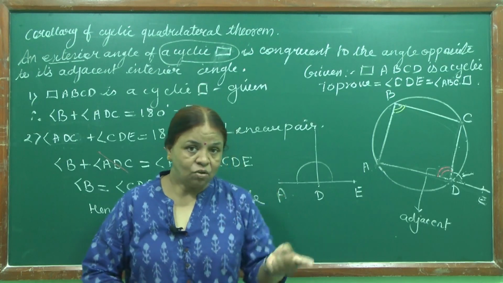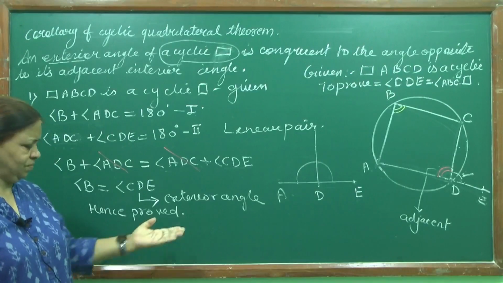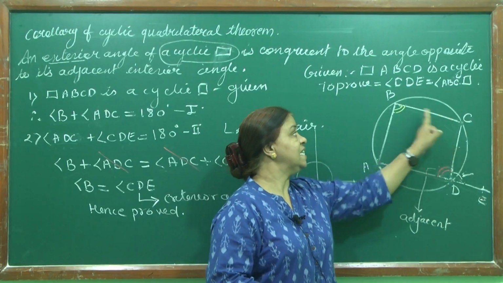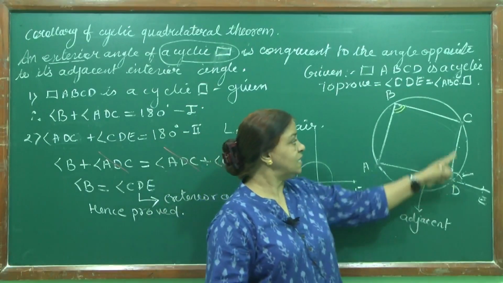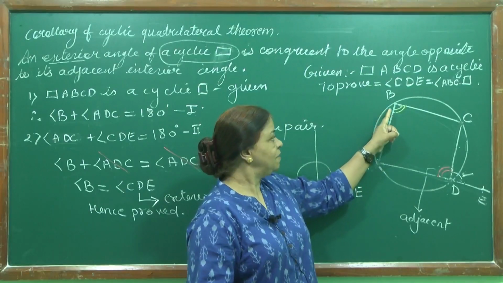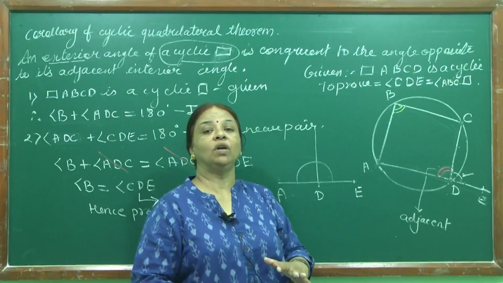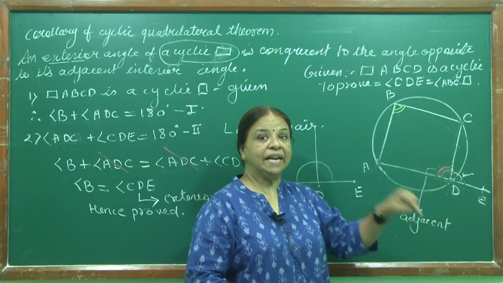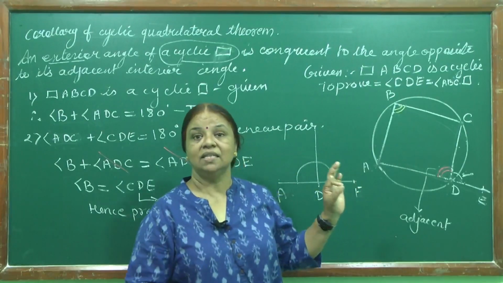Now we have done the cyclic quadrilateral theorem. In the previous video, I'll just tell you one statement here. The theorem we have done in the previous video says that if A, D, C, B are cyclic points, that means angle B plus angle D will be equal to 180 degrees. So the converse of it will be: if angle B plus angle D is equal to 180, then A, D, C, B are cyclic.